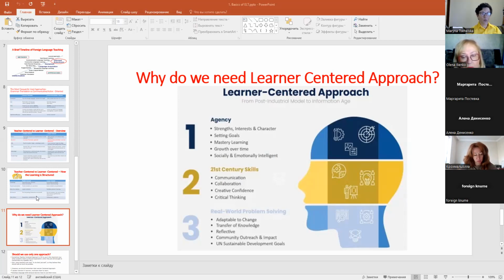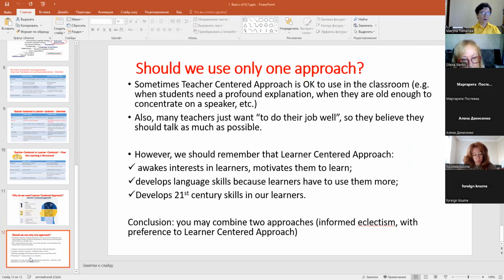Because when we change the focus from the teacher's responsibility to the learner's responsibility, it also changes our approach, because as teachers, we all want to do our job well, but it doesn't mean that we need to talk all the time. We just need to facilitate what our students are doing.